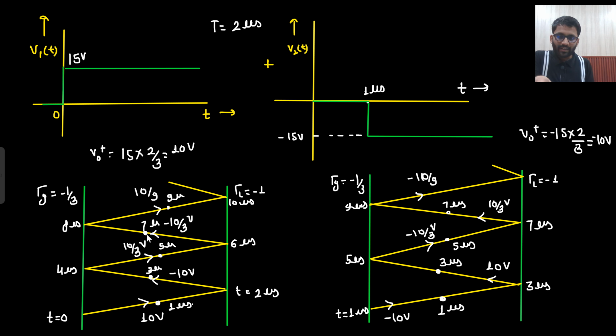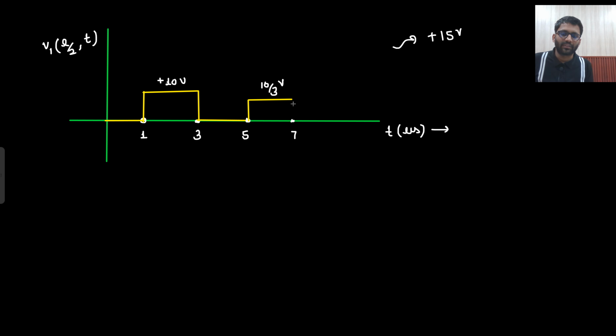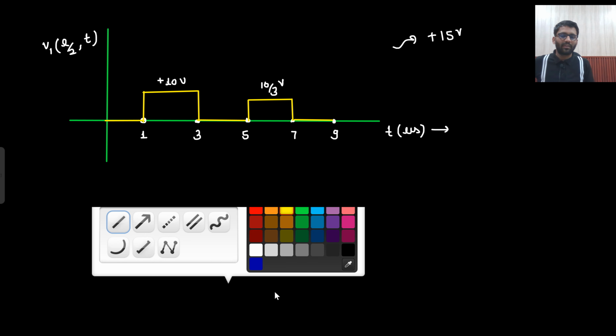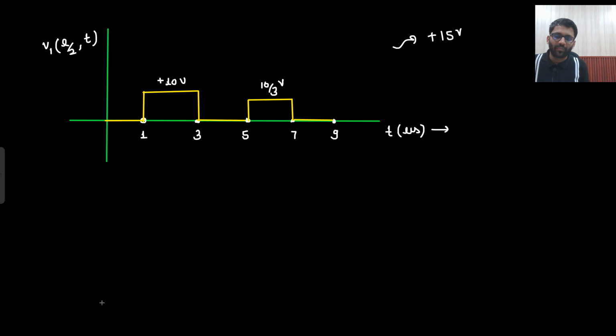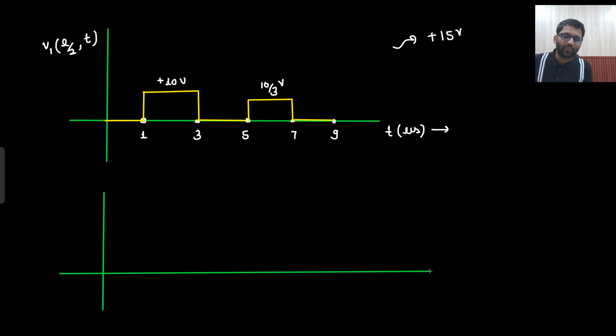Now what is happening at 7 microseconds? Minus 10 by 3 plus 10 by 3 minus 10 plus 10, all will be 0. So at 7 microseconds it all will be 0, and that 0 will remain there till 9 microseconds. So this is the first waveform. Now another waveform will be coming because of minus 15.